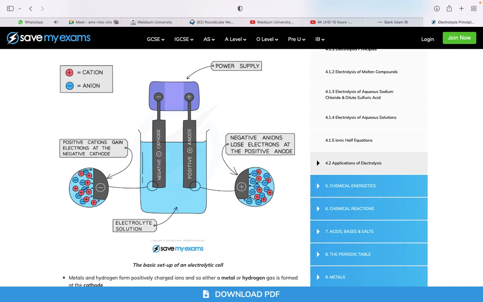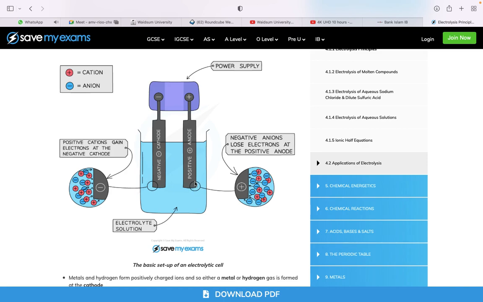Now quickly, let's take a look at the anions. The negative ions are called the anions, right? These anions migrate to the positive electrode. I already mentioned that.